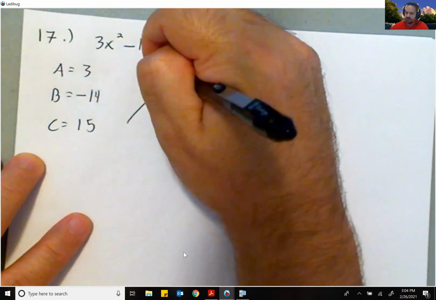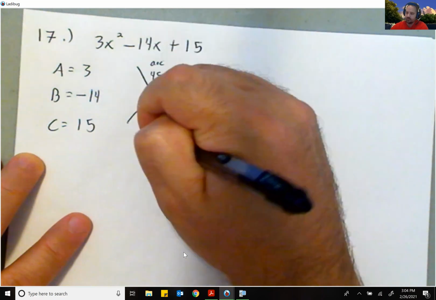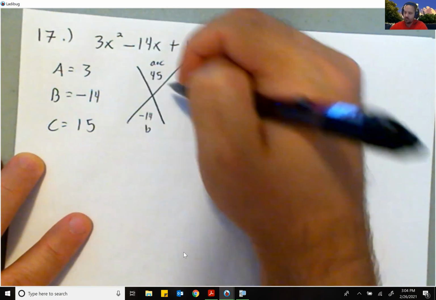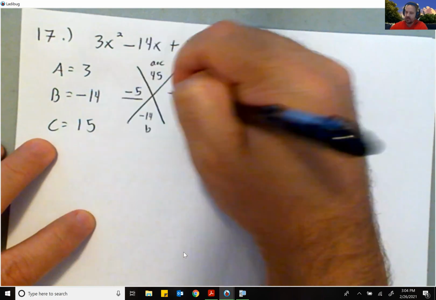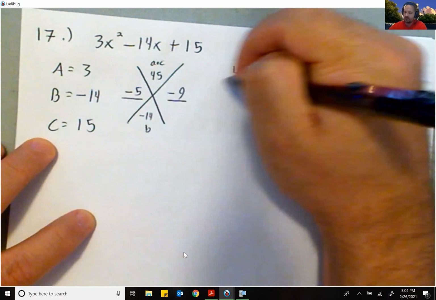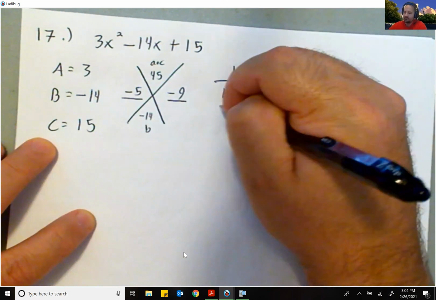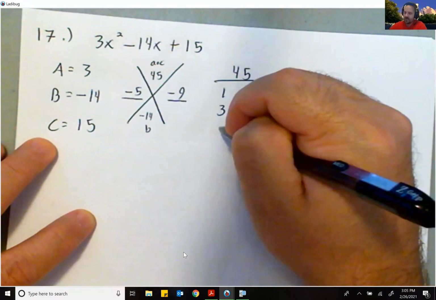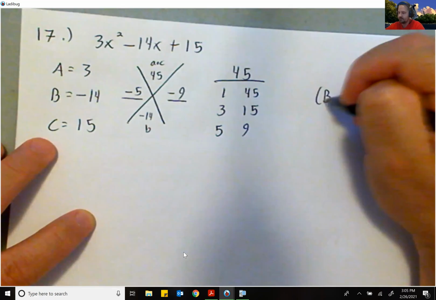This is A times C, which is 45. This is your B, which is negative 14. We know that this is a negative 5 and a negative 9, because when we look at the factors of 45, you have 1 and 45, 3 and 15, 5 and 9.